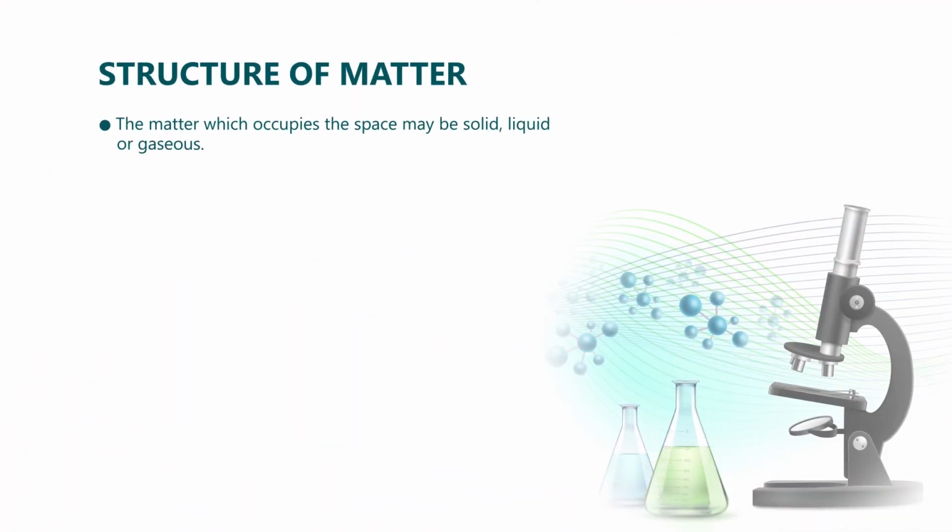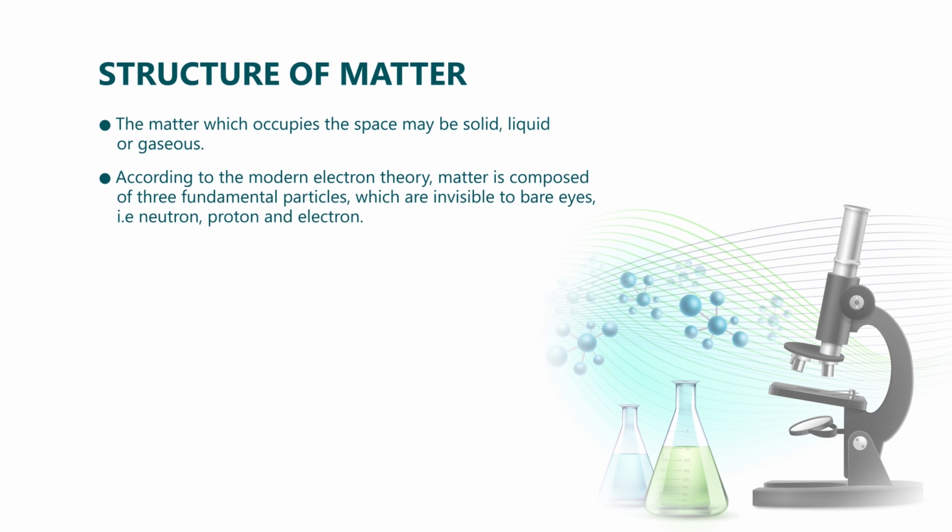The matter which occupies the space may be solid, liquid or gas. That is, the substance that fills the space can be of solid type, liquid type or gaseous in nature. According to the modern electron theory, matter is composed of three fundamental particles which are invisible to bare eyes, that is neutrons, protons and electrons.